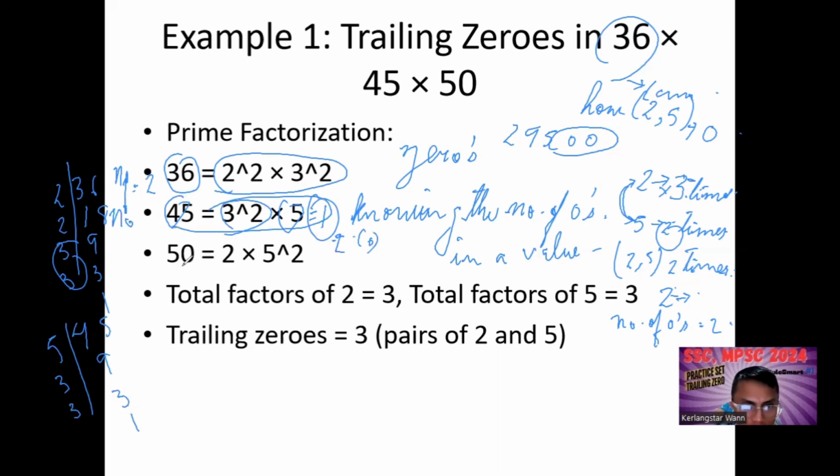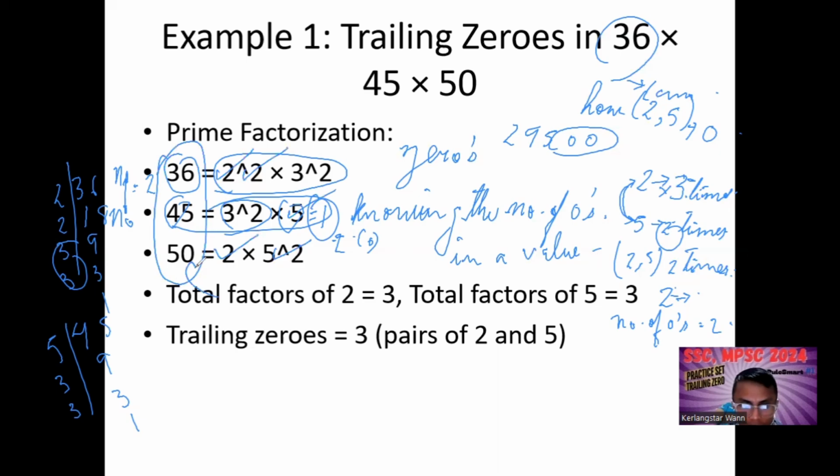Then the next one is 50. The factors of 50 are 5 2 times and 2 1 time. So the total factors of 2 from these 3 numbers: 2 times from the first, 0 from the second, and 1 from the third, so the total is 3. And for 5, it's 0, 1, and 2, so the total is 3.